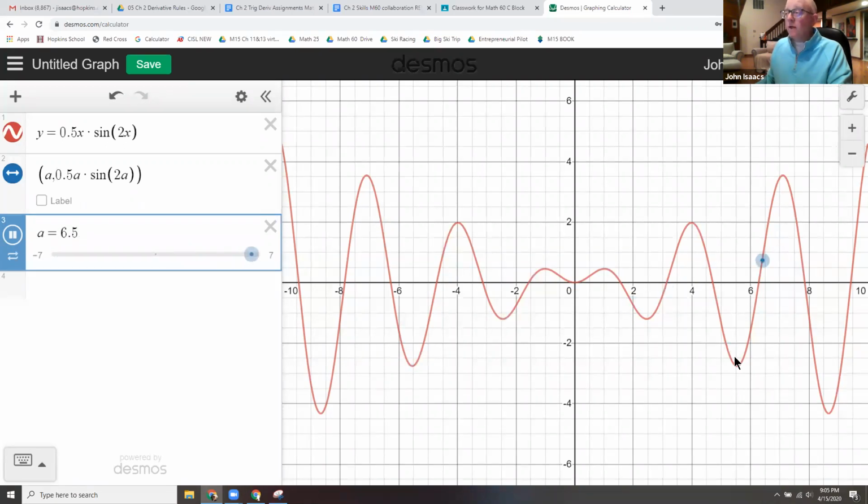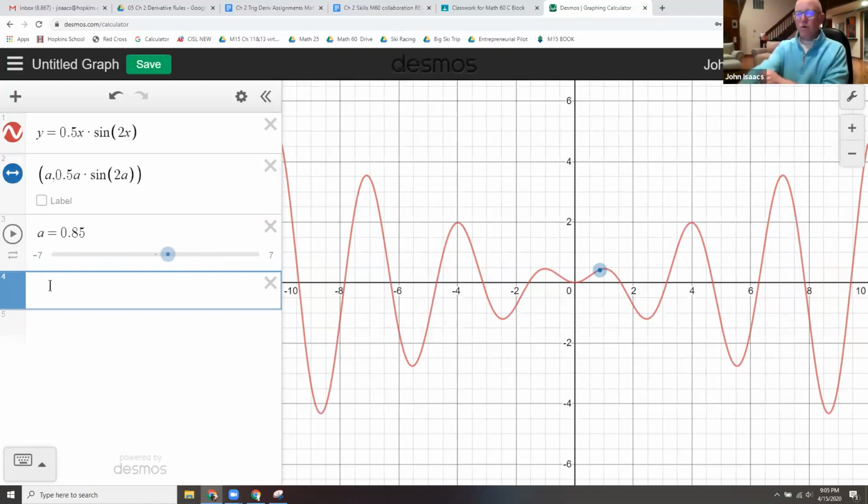Now, what we want to have happen is we want a tangent line to play with that dot. So that dot's cool, but we also want to show a tangent line. Now remember, a linear equation in point slope form is our easiest thing to do: y minus y1, not going to bother to put the 1, equals m times x minus x1. Now we can't use x and x1 though.